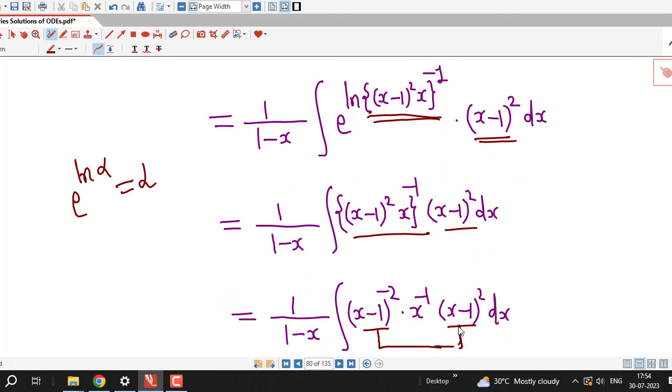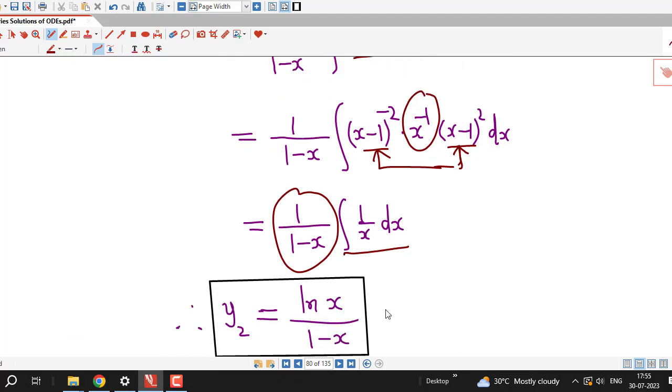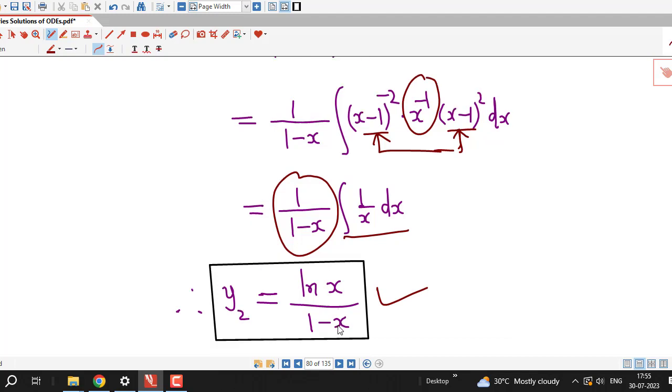And these two will be combined and give us 1, (x minus 1) raised to 0, that is 1, and this is the integral of 1 by x. The integral of 1 by x is log x, and this is already there. Therefore, the second solution is log x divided by 1 minus x.